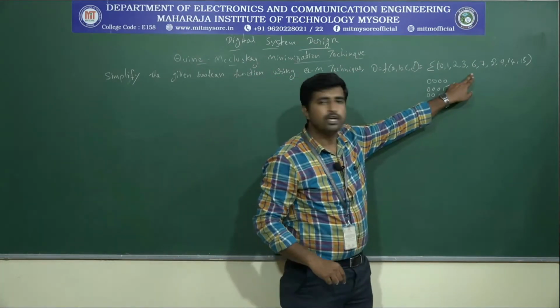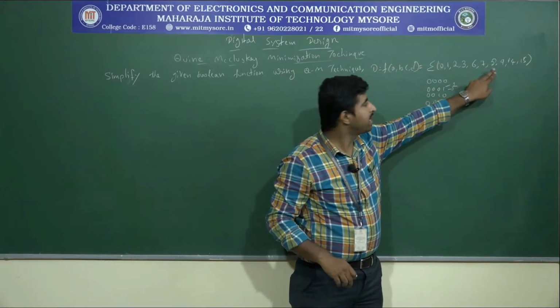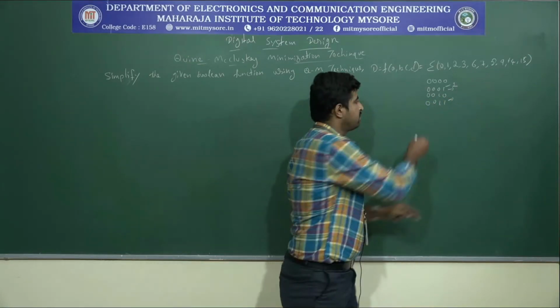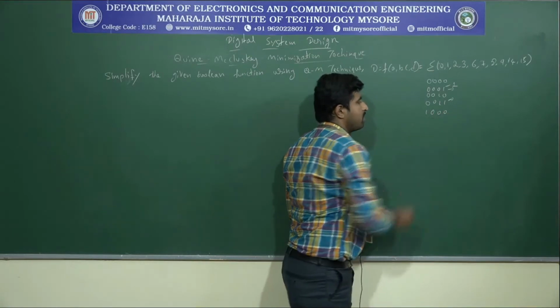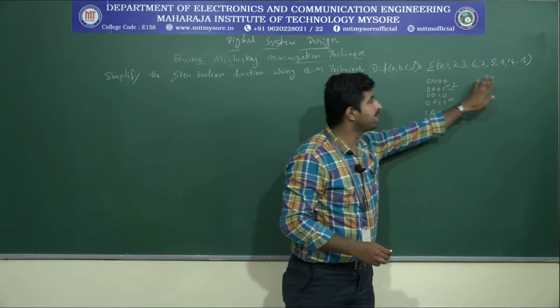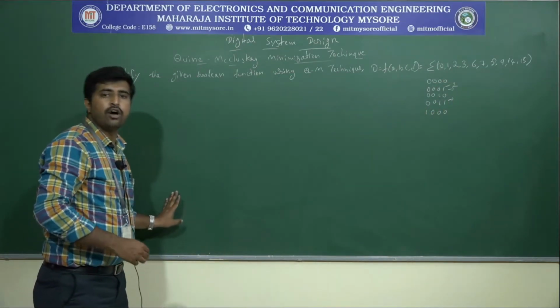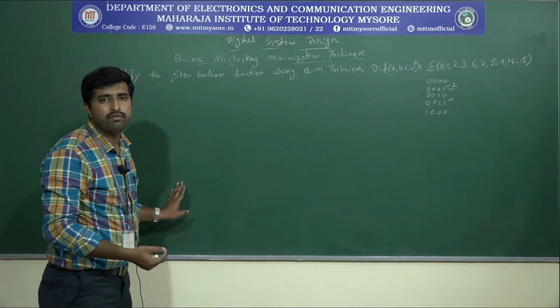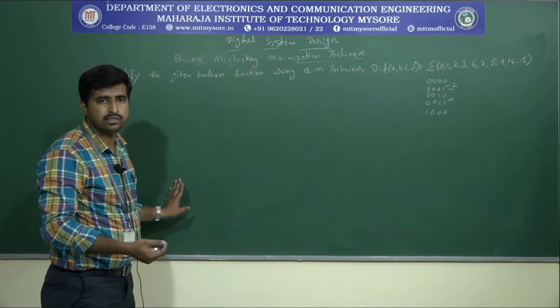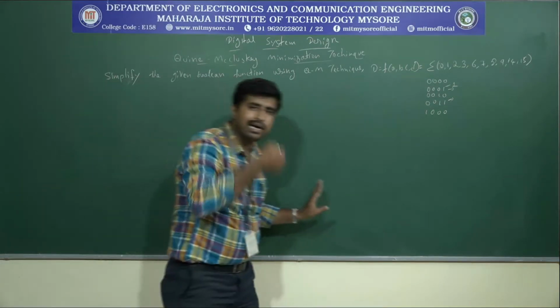Like that, 6 has 2 logic 1s, 7 has 3 logic 1s. Again 8 has 1 logic 1, because 8 corresponds to 1, 0, 0, 0. Like that, the minterms will be arranged in increasing order according to the number of logical ones in those minterms. According to that, we need to rearrange them.